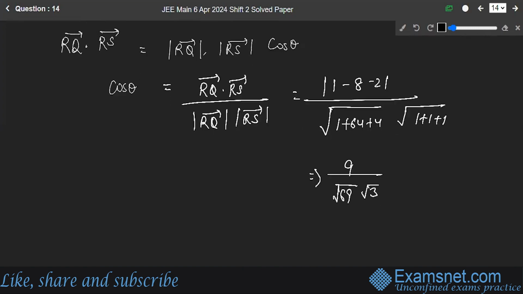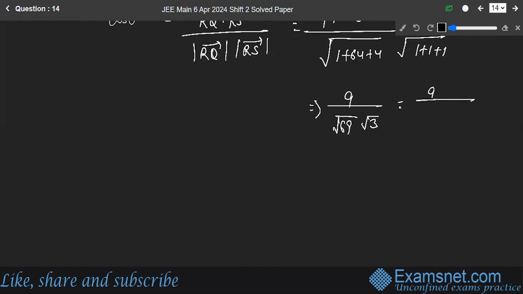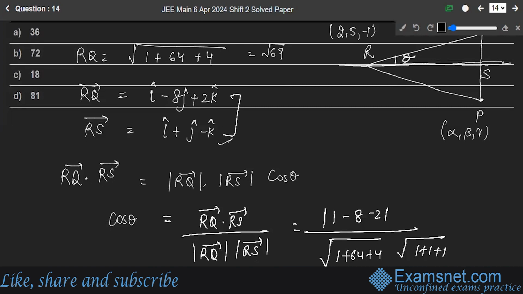So this will give me 9 upon 3 into root of 23. Okay. So this is cos theta, the angle between these two lines.